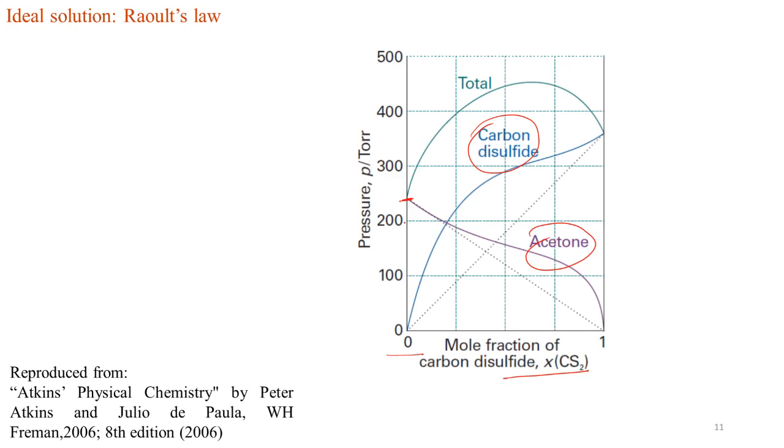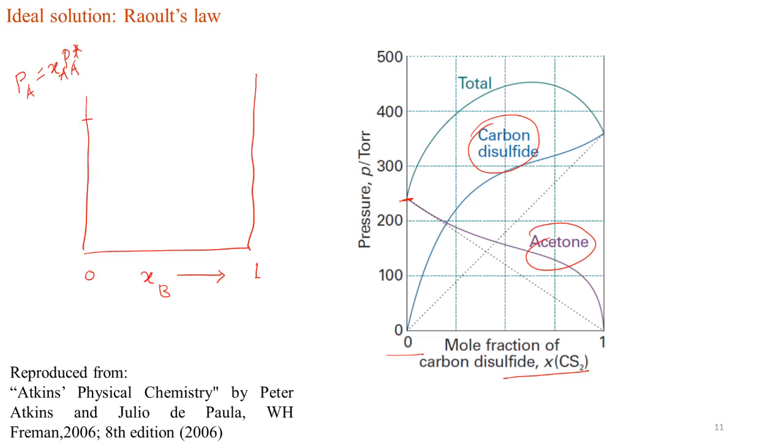Now, how should the expression for Raoult's law look? Remember, Raoult's law is a very much simplification. It just says that Pa will be nothing but Xa into Pa star. So suppose I'm adding Xb, the second component, and it goes from 0 to 1.